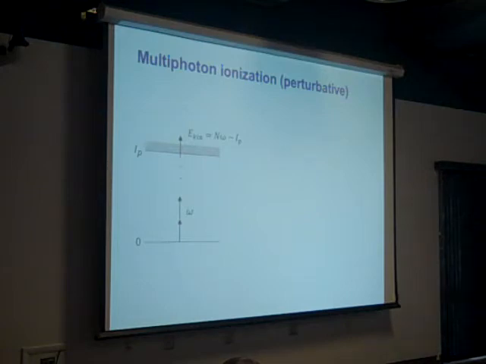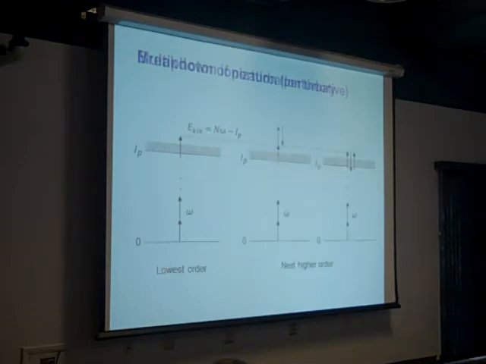Now the question is, nowadays they always claim that the interaction with the light field is non-perturbative. So somewhere this perturbation theory must break down. So where does it break down? Well, that is the lowest order term that I show you here, how I come with this frequency into the continuum. Well, in perturbation theory, I can go into the next higher order, and actually this is the next higher order that is contributing to this energy level.